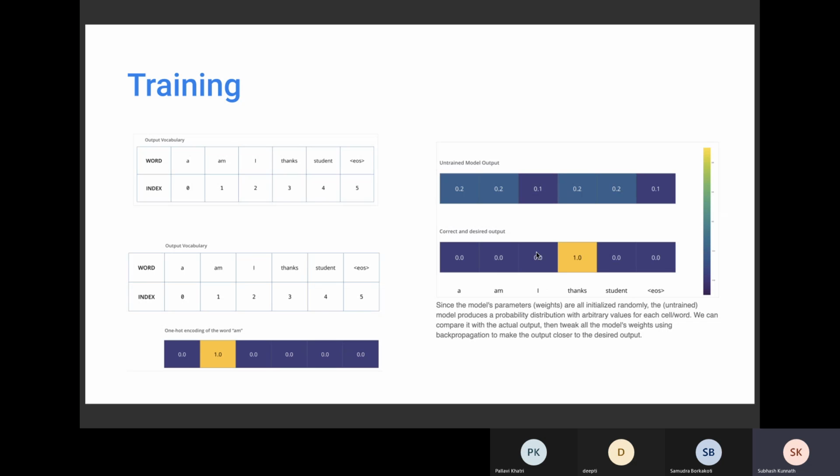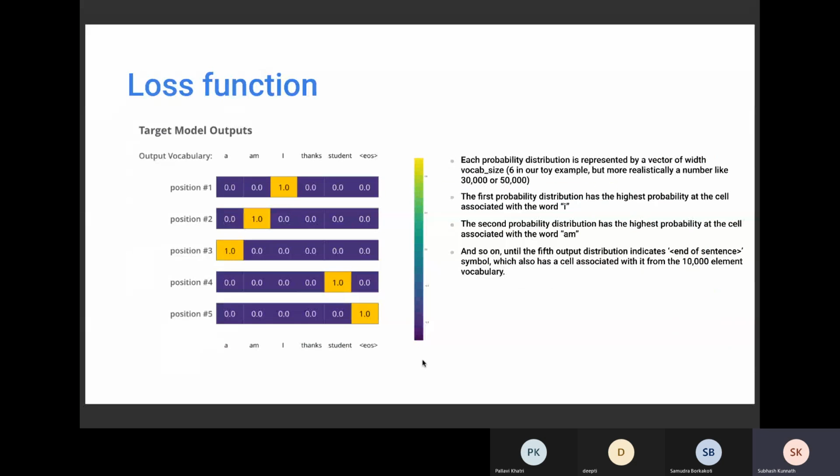So these are two probability distributions. To compare two probability distributions, you usually use the cross entropy loss.